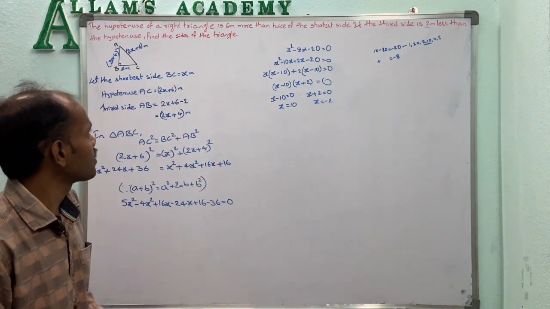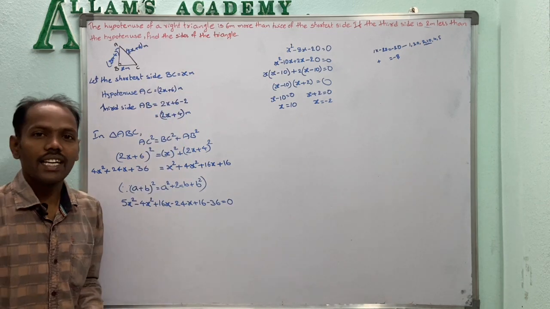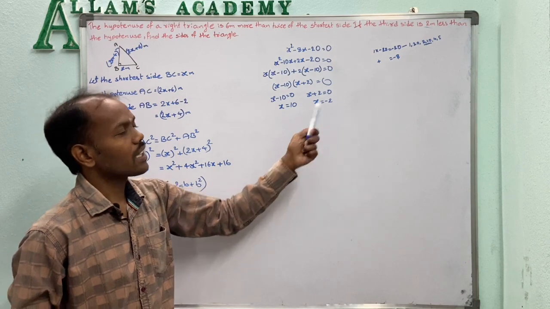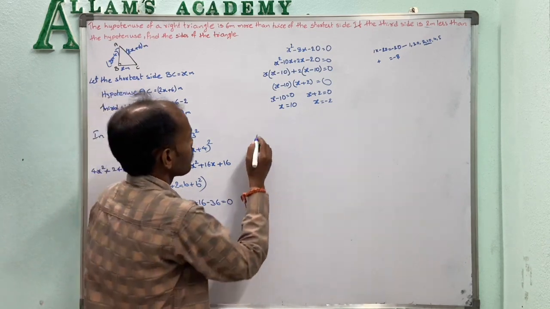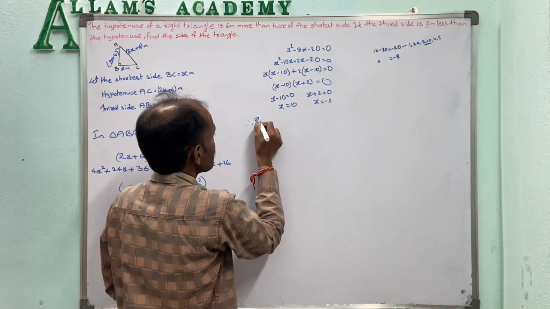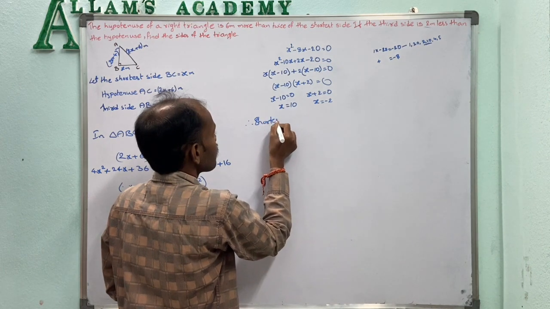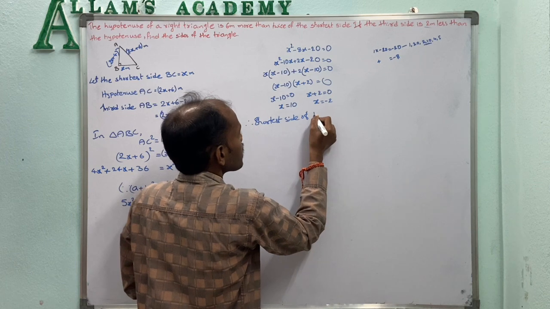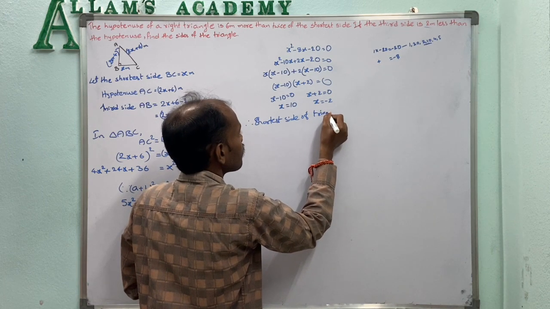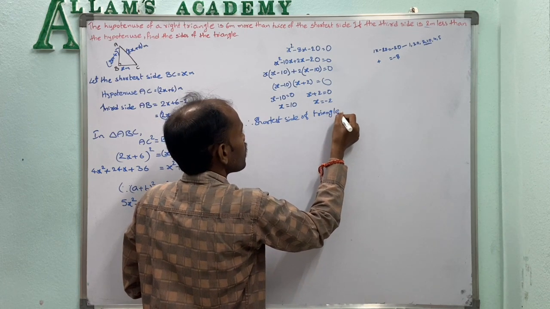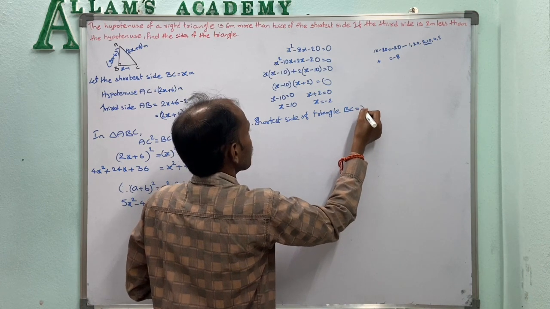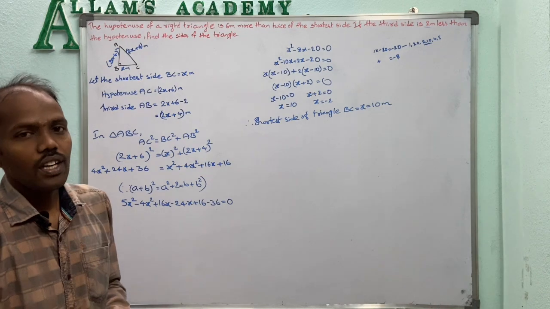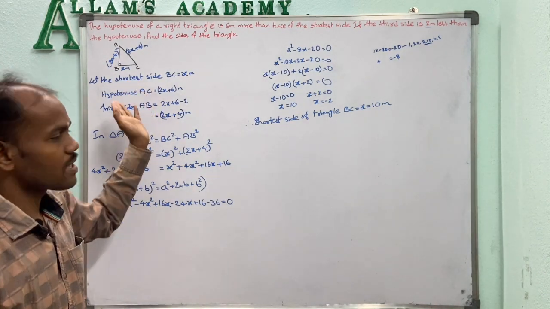So x is nothing but the side of a triangle. The side of a triangle is not a negative number. Therefore the shortest side of the triangle, BC, equals x equals 10 meters. Now find the remaining sides.